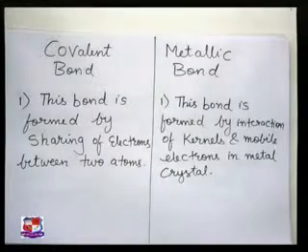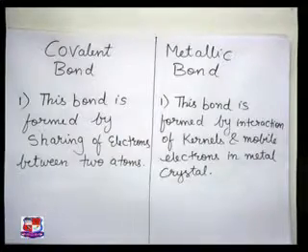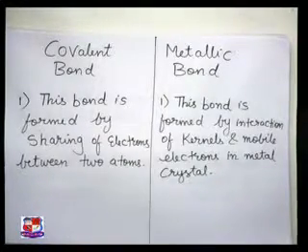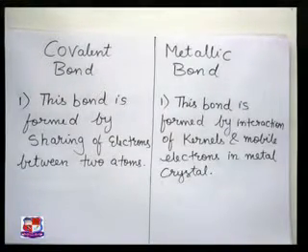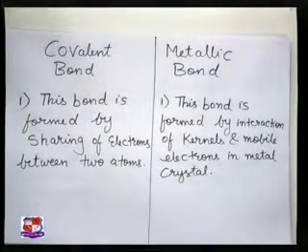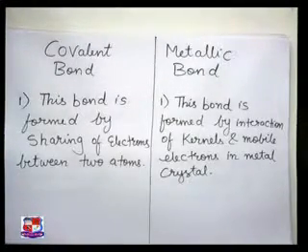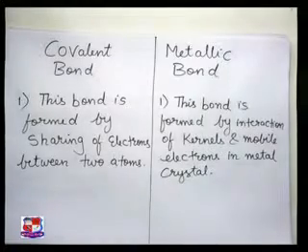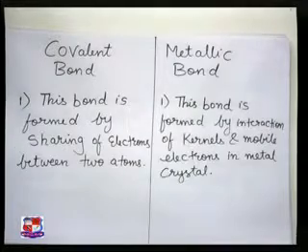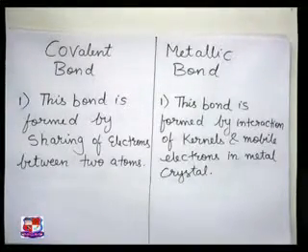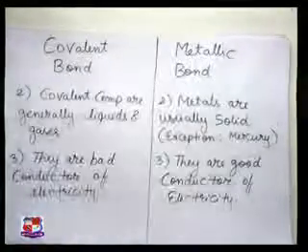The first point that you are all aware of is that the covalent bond is formed by sharing between two atoms. So there is an electron share. Electron pair is shared basically between two atoms. And in case of metallic bond, you are already aware that it is formed by interaction of kernels and mobile electrons in a metal crystal. So we can easily define these two bonds. Now what is the next point of the difference?